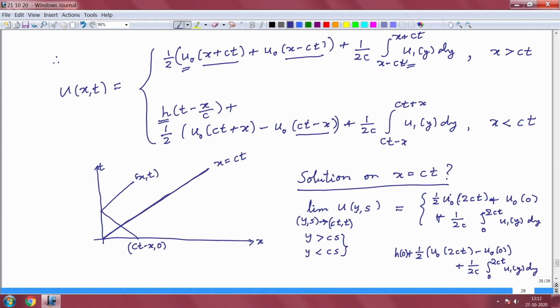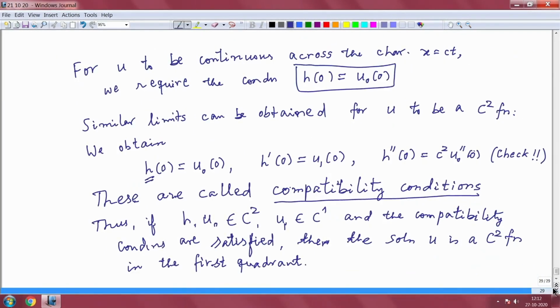Just recall, any discontinuity in the initial condition propagates along the characteristics, and similarly here, if any compatibility condition is not satisfied, the solution will suffer that kind of discontinuity across that single characteristic, namely x equal to ct.